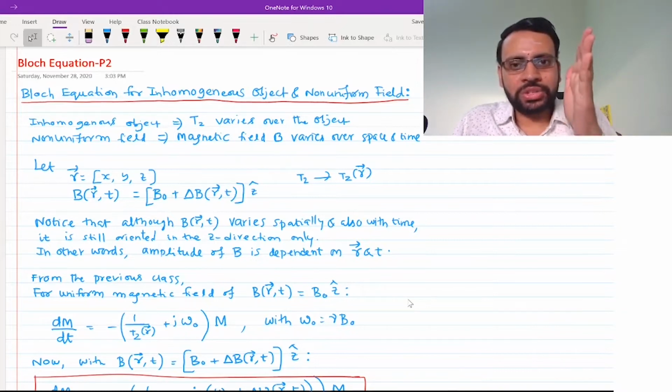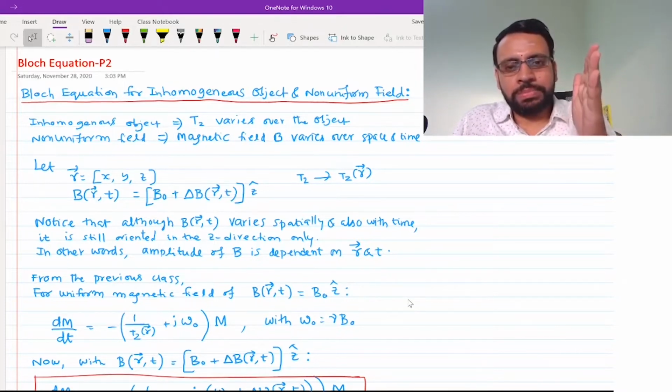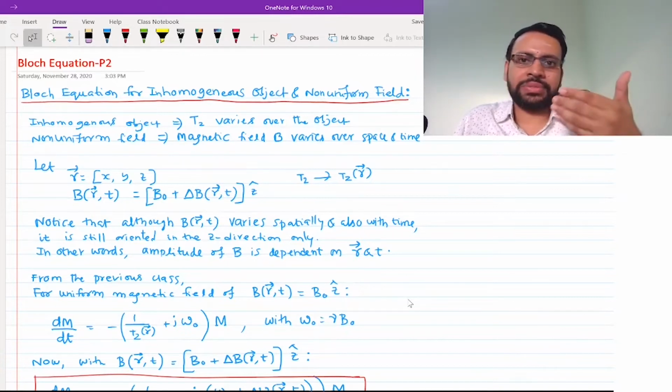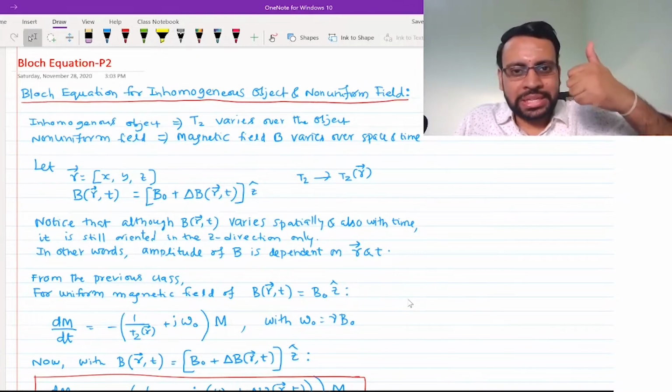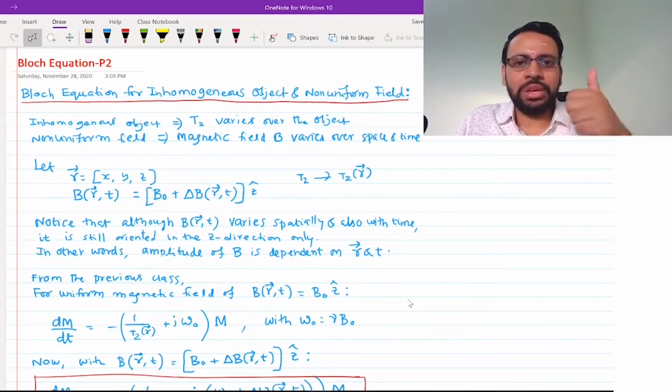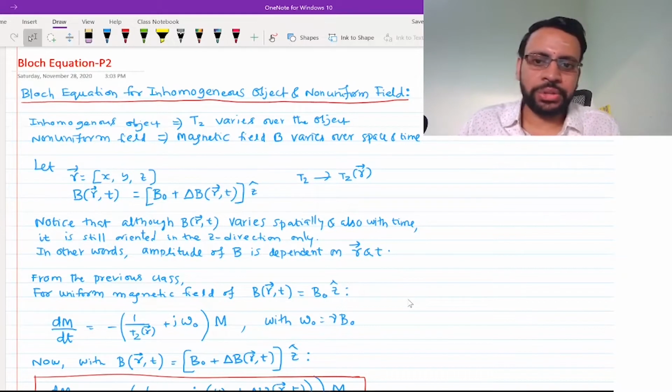This has to be very clear. The Bz component is dependent on X, Y, Z values, but still your magnetic field is there in the Z direction only. This is something that has to be absolutely clear to you.